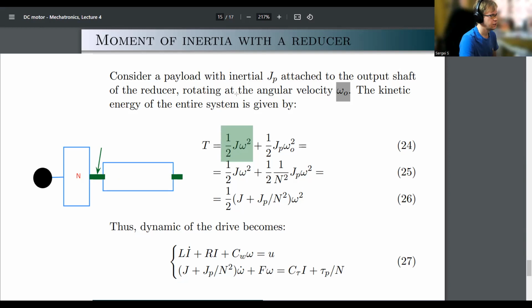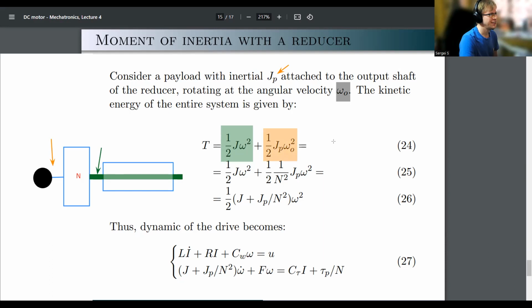It will be inside the motor. All right. And then we have additionally the kinetic energy of the output shaft together with the payload. So it will be kinetic energy of this guy, output shaft and payload, which we agreed has inertia J sub P.